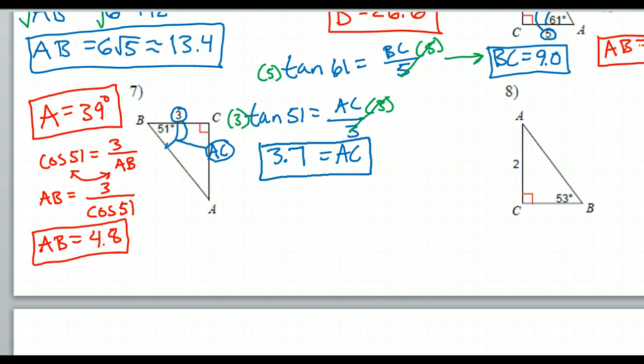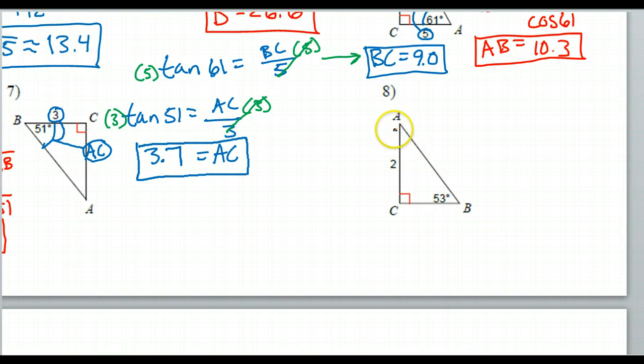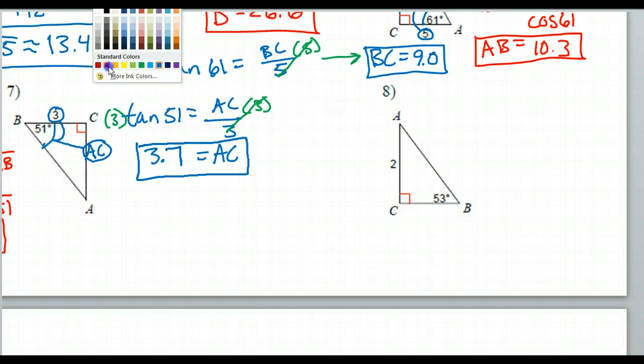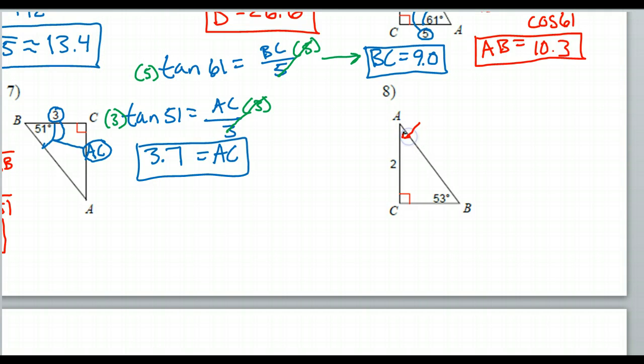Okay, number 8. Let's find angle A. We will just do 90 minus 53. So angle A equals 37 degrees. Let's find side AB. So here's AB. We've got our 53 and the 2.